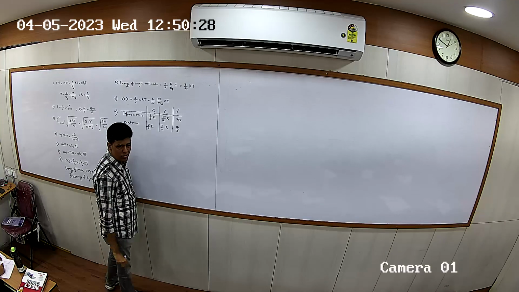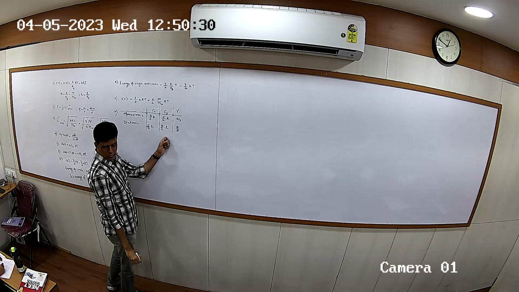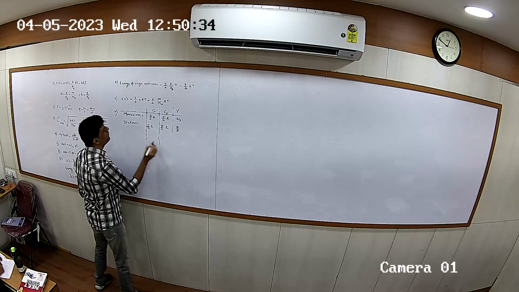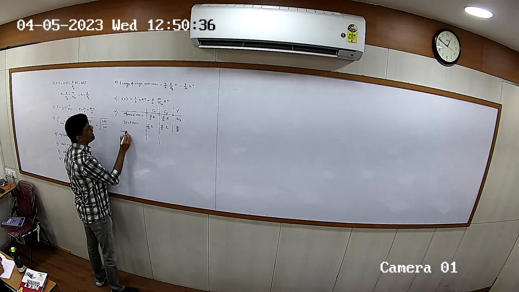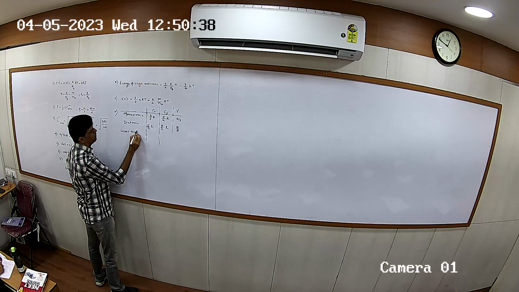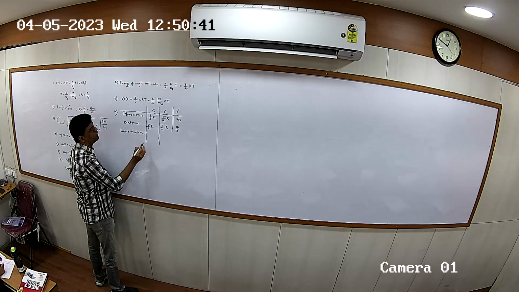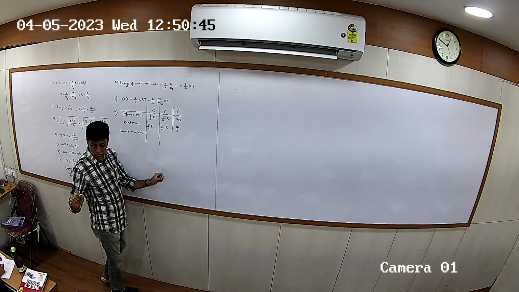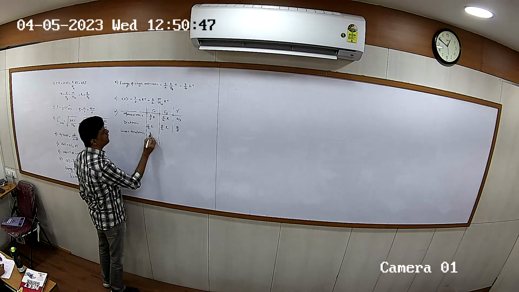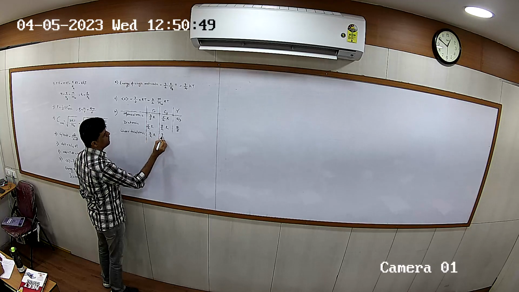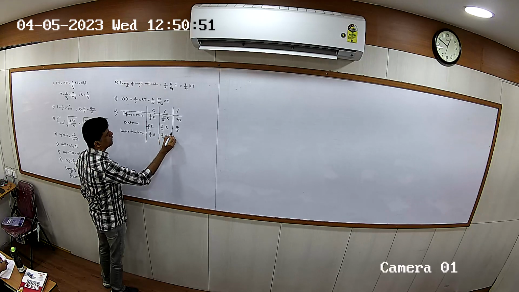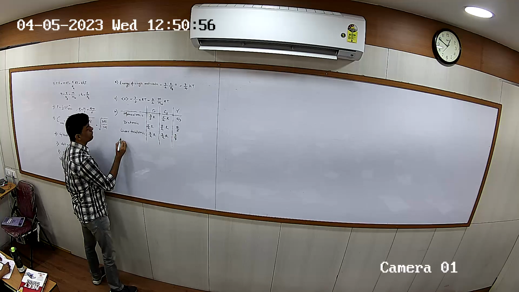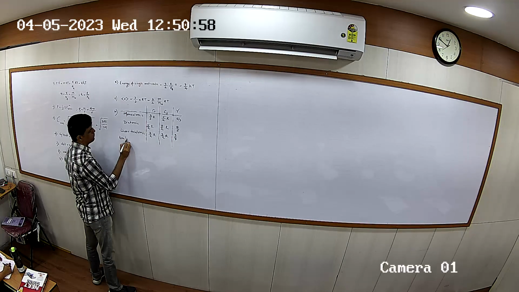Low temperature, high temperature. Okay, is it clear? Linear triatomic: Cv 7 by 2 R, Cp 9 by 2 R. Non-linear triatomic.